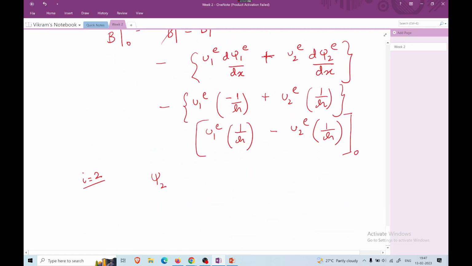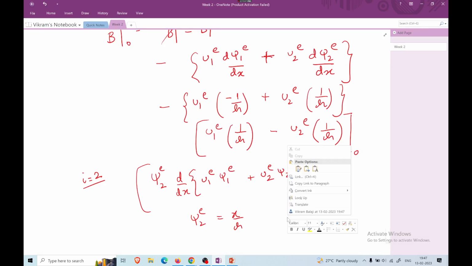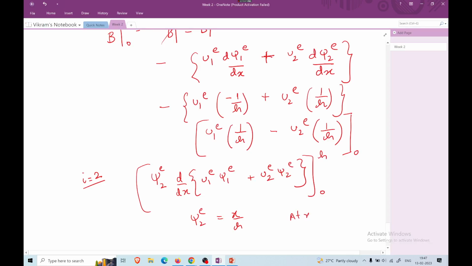Psi 2 into d by dx of u1 psi 1 plus u2 psi 2. So the whole thing again evaluated from 0 to h. Psi 2 we see is equal to x by h. So this entire term with psi 2 vanishes at x equal to 0.